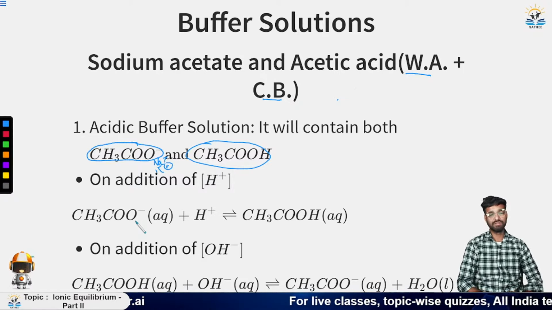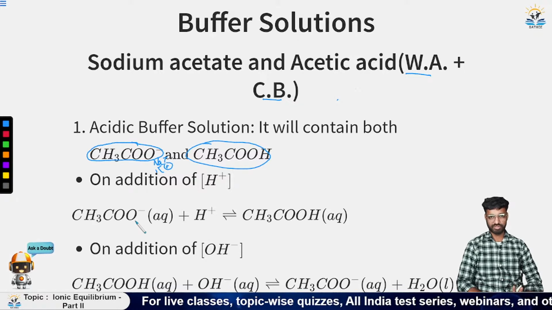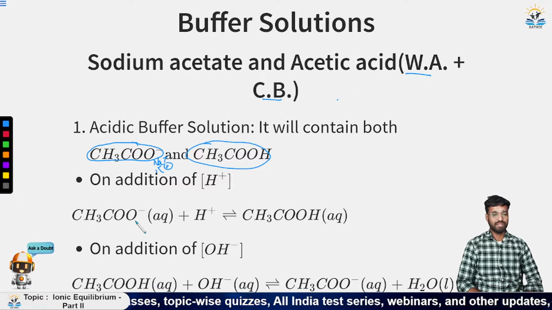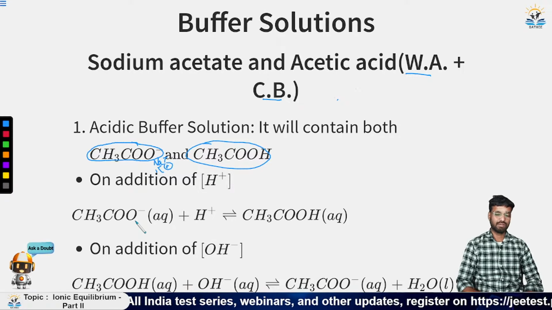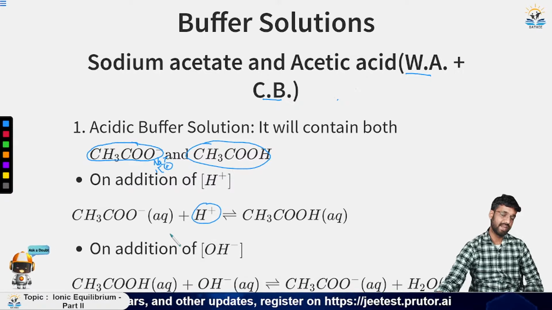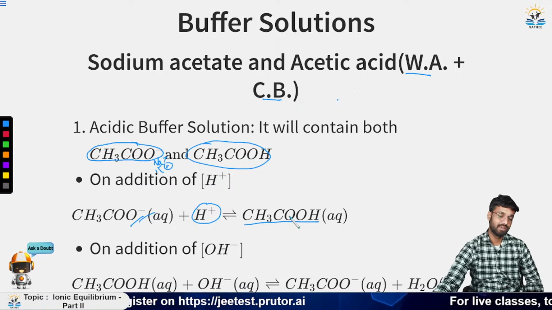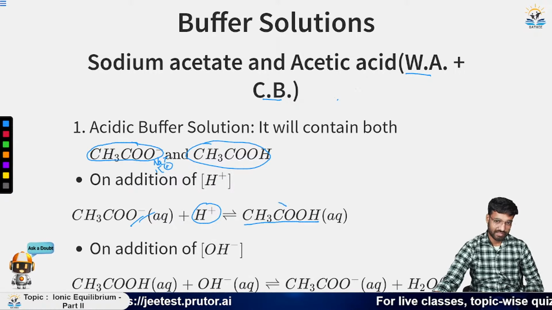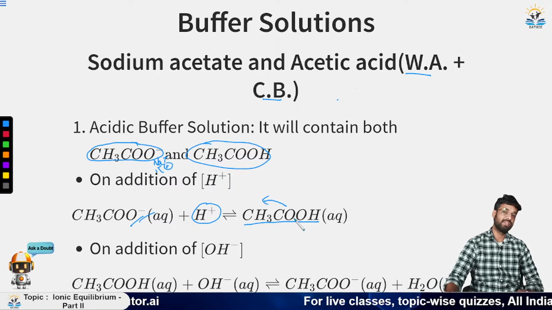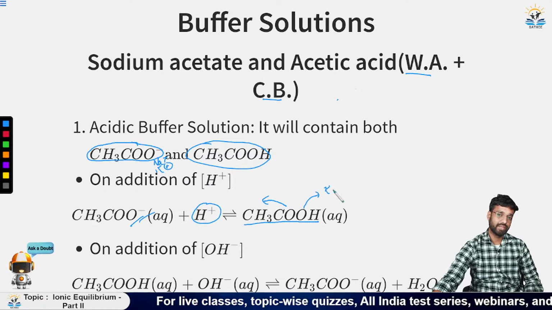Now if we add a small amount of H plus to this solution, we know that CH3COO minus and Na plus are present in the form of salt. The H plus that we added reacts with this acetate ion to give CH3COOH. We know very clearly that this reaction in the backward direction is not that feasible because of the low dissociation constant Ka.